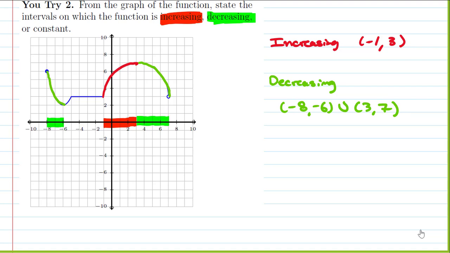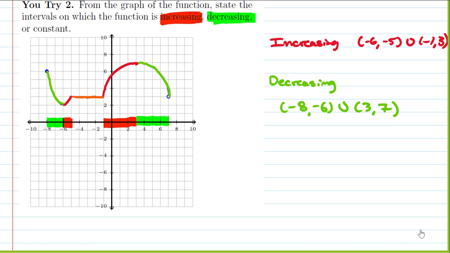And our last one is, oops, I missed an increasing, didn't I? This little bit right here. Increasing. So need to add that right over here. So from -6 to -5, and from -1 to 3. I'd missed this little bit of increasing, and when I came back to get the constant, I noticed it.